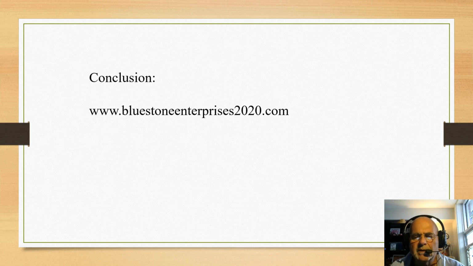As I mentioned, the trading exercise that started in that book and stopped on April 30th, 2020, the date the book was published, is carried on this blog at bluestoneenterprises2020.com, and will allow you to see trades unfold per the method described in that book, with stop loss and details of how many shares were purchased within the capital allocation, and then when the trade is concluded by way of being stopped out, what the result was, and the portfolio is updated.